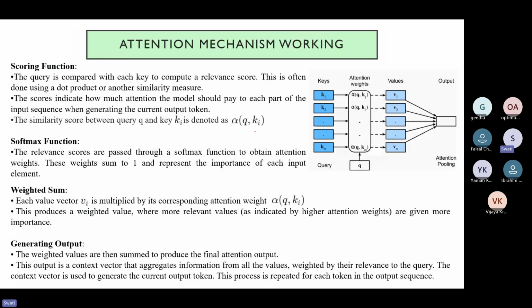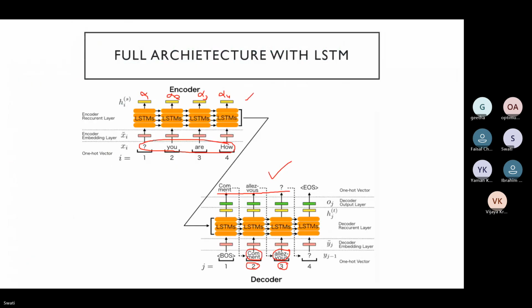This similarity score can be represented as alpha. So for one query, as I have said, you have four alpha values corresponding to the four words in the input sequence.